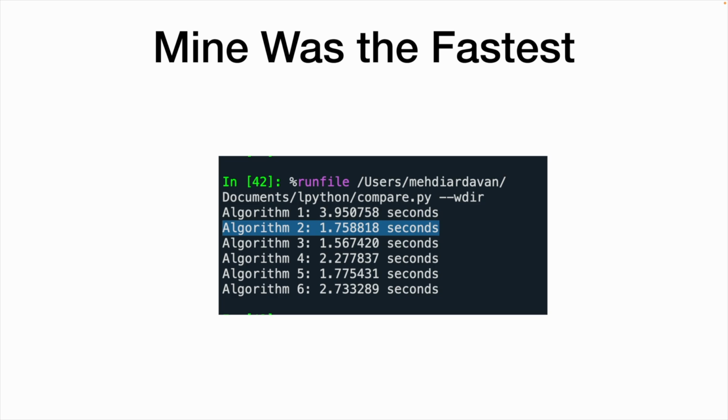As you see, algorithm 2 is the fastest, provided that we don't count algorithm 3 as it's providing wrong answers. So it's interesting that the algorithm that I have provided seems to be simpler, more elegant, and at the same time faster.